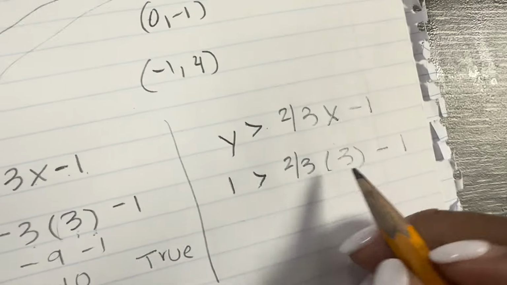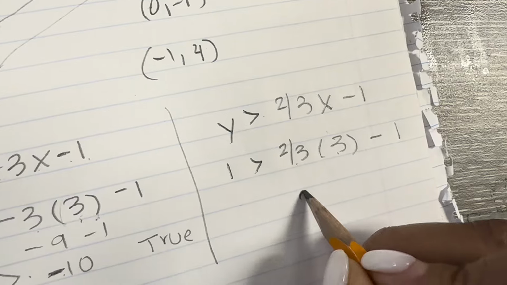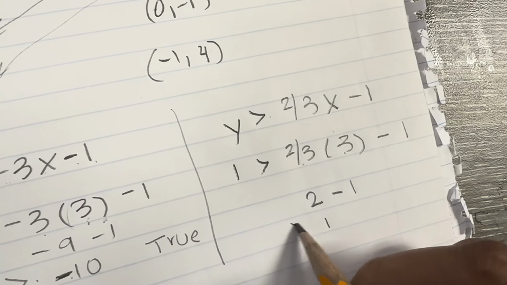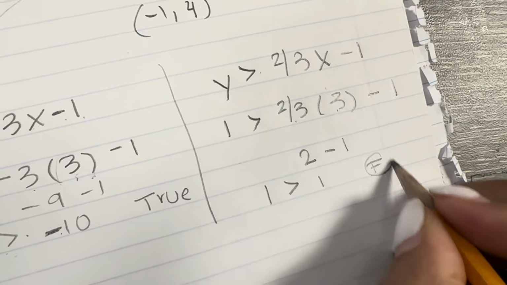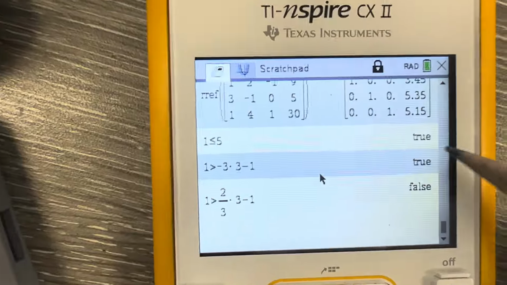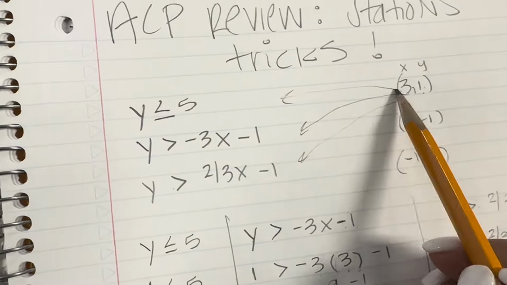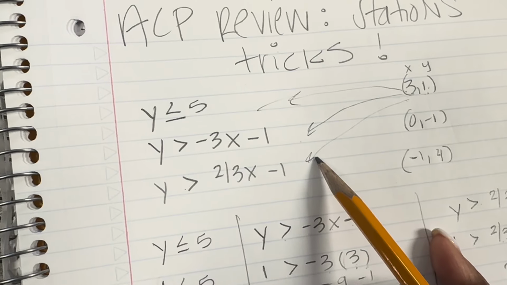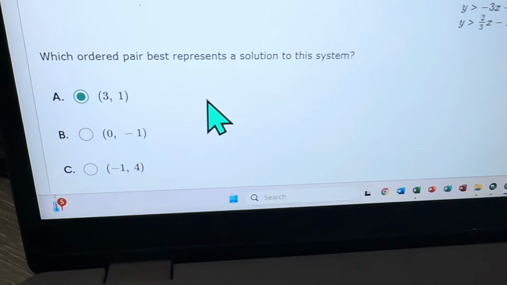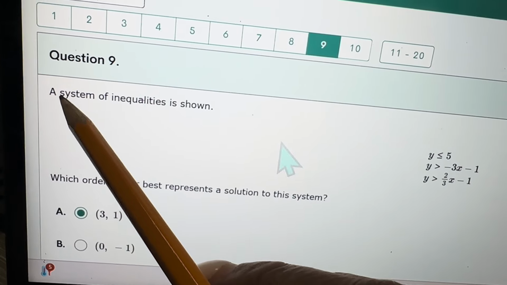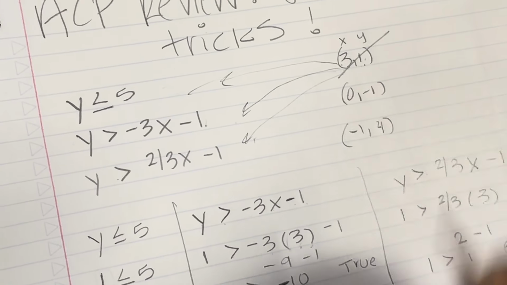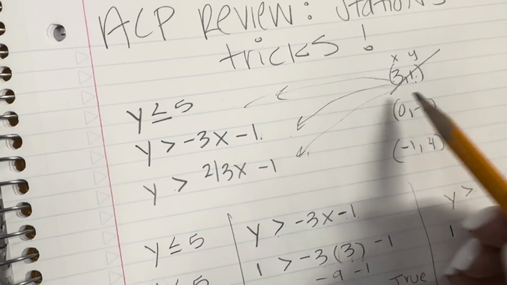That's not true. 2/3 of 3 is 2, minus 1 is 1. 1 is not less than 1. 1 is equal to 1. That's false. You can do it by hand as well, remember. Or just do it on the calculator. True, true, false. So that means this point does not work in all 3. It only works in 2 of them. It says which pair is a solution to this system. And this is a system. So it has to work in all 3. So that doesn't work. So then you go on to the next point.